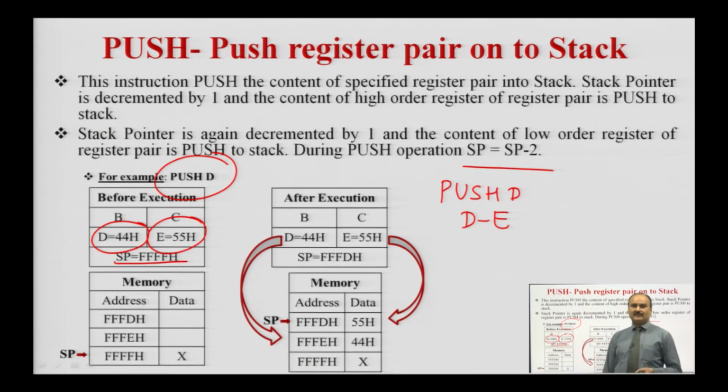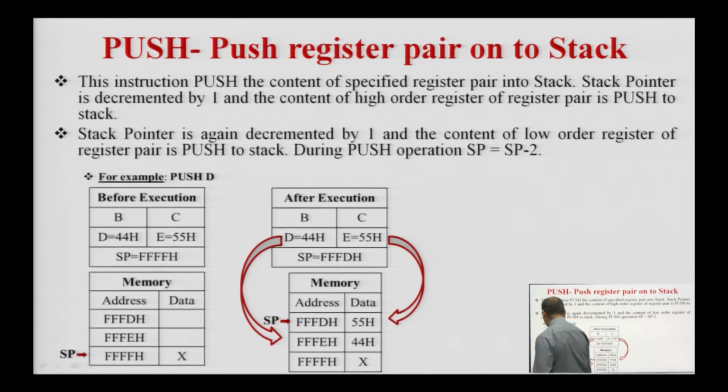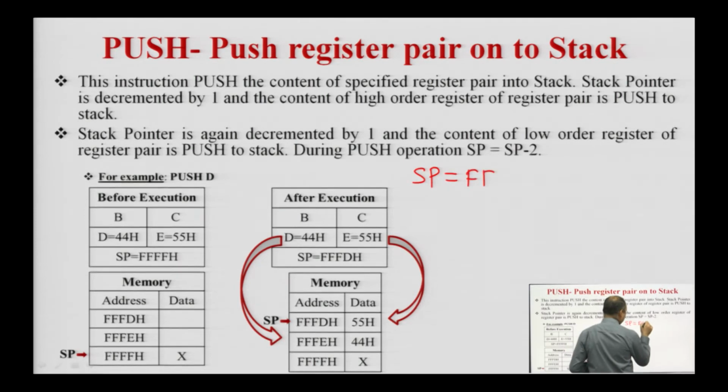Let us see after the execution of this instruction. Microprocessor first decrements the stack pointer register by 1. Previously, before the execution, SP had the value FFFFH.